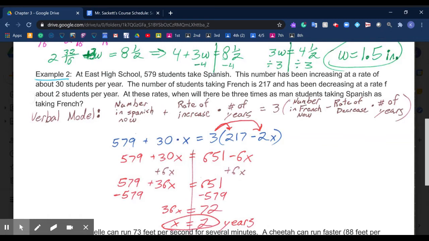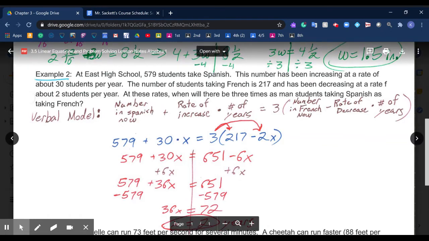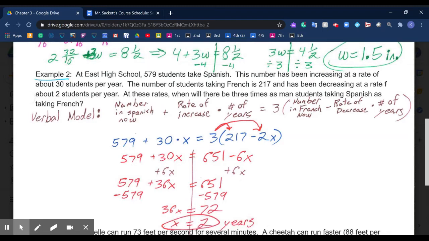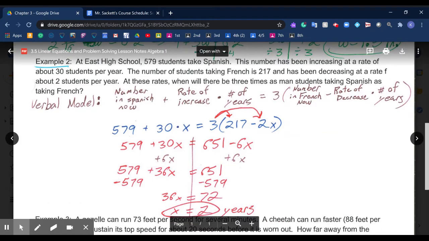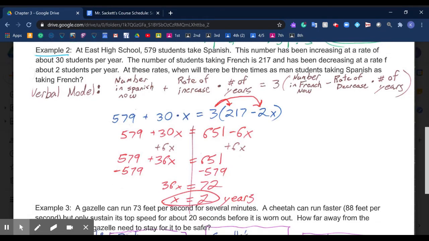Then we want to get our variable to one side, so add 6x to each side. 579 plus 36x equals 651. Subtract 579 from each side of the equals. And then we have 36x equals 72. Divide both sides by 36, and x would equal 2, telling me in 2 years' time, there will be 3 times as many students in Spanish as there are in French.